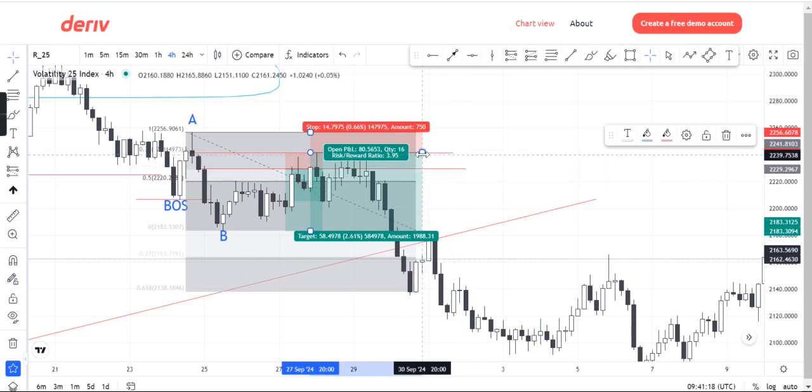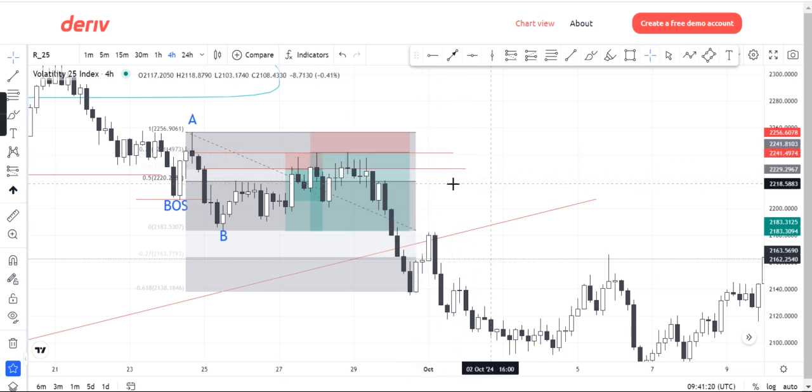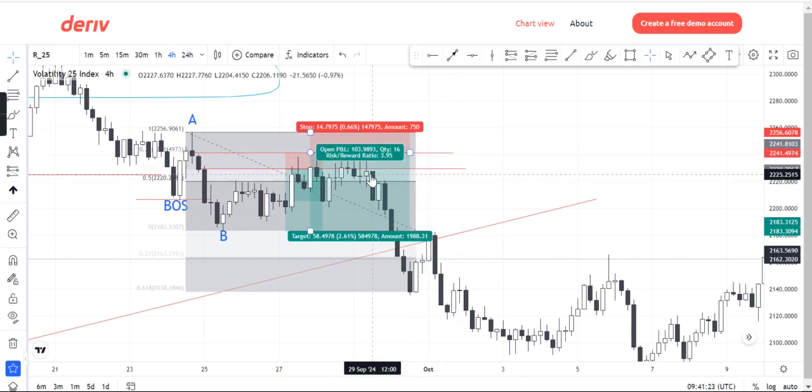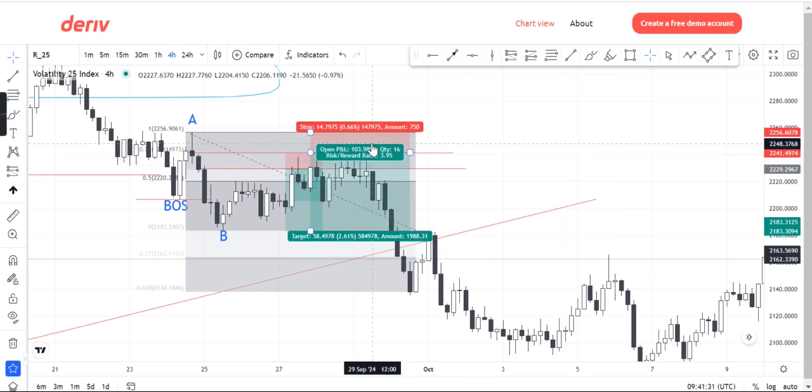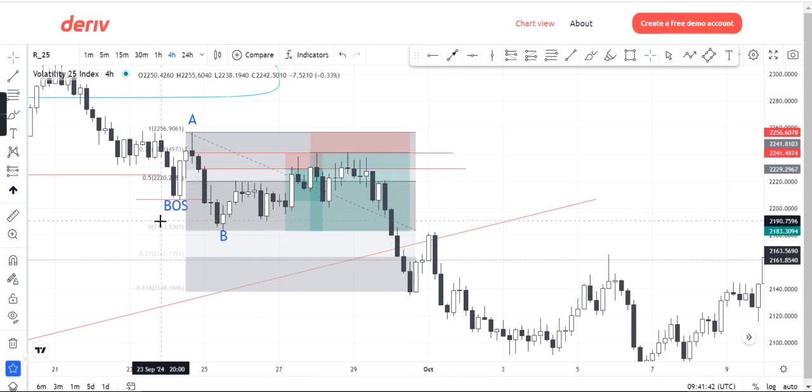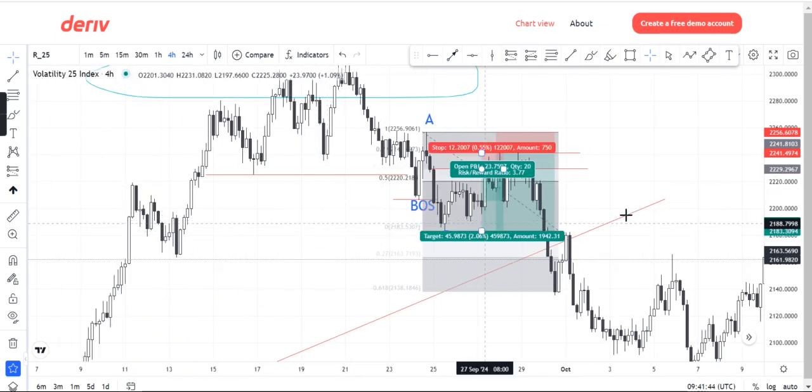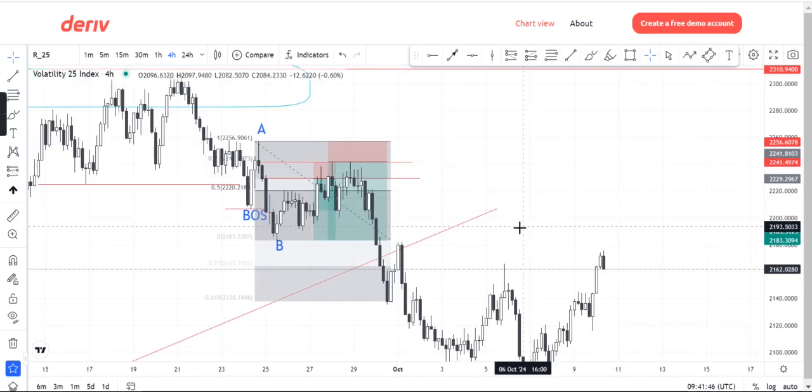If not, you just take direct market execution below that level. So this was our trade, and it gave us a 1:3.95 risk to reward ratio. You can see it here. So that was the trade we got on that particular area.